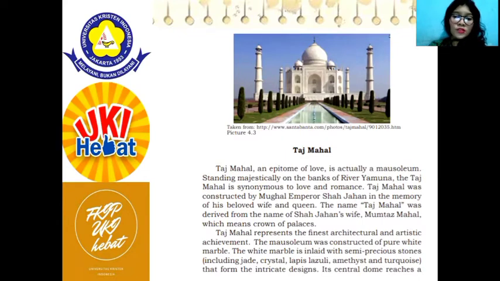Taj Mahal was constructed by Mughal Emperor Shah Jahan in memory of his beloved wife and queen. The name Taj Mahal was derived from the name of Shah Jahan's wife, Mumtaz Mahal, which means crown of the palace. Taj Mahal represents finesse, architectural, and artistic achievement.